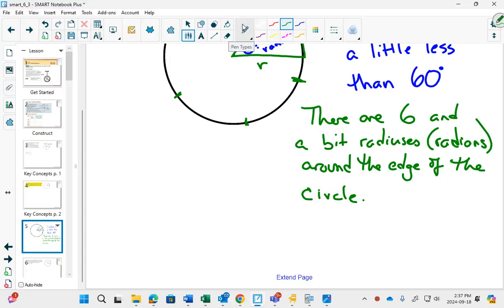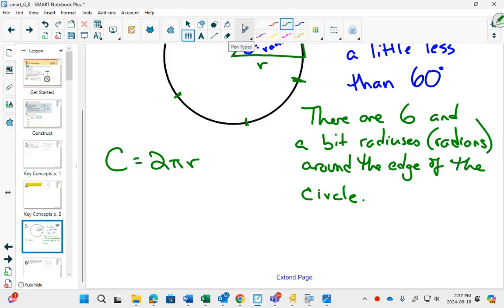Circumference. Okay, so we could use circumference. Because if I'm talking about distance around a circle, that's circumference, and we have a circumference formula. And every time you have a formula, it's a relationship between things, and that relationship means something.